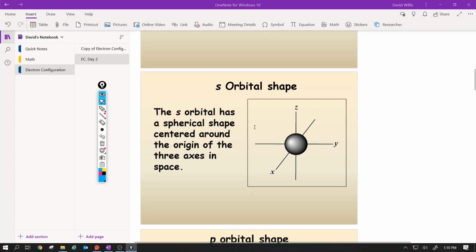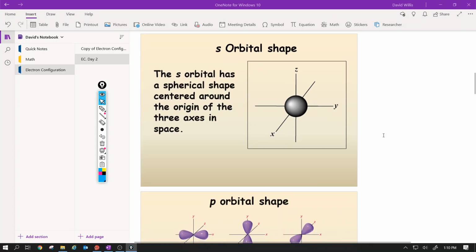These are all our slides from yesterday. Remember that the S's have a generally spherical shape. That does not mean that the electrons orbit in a circle. It means there's a 90% chance of their being found within that spherically enclosed area.